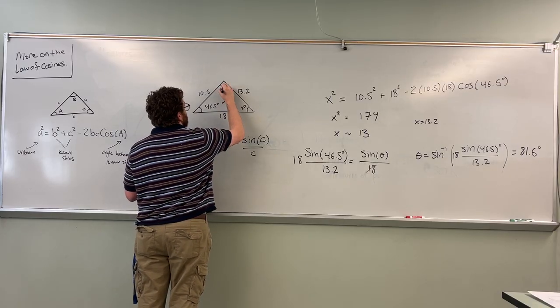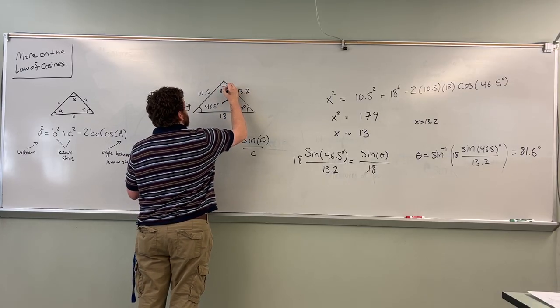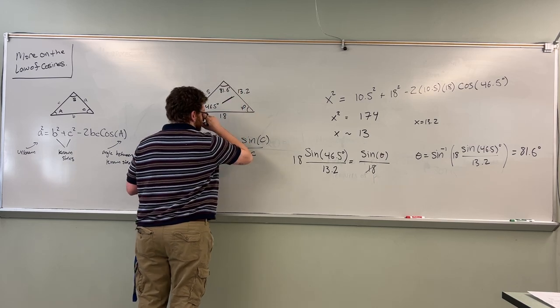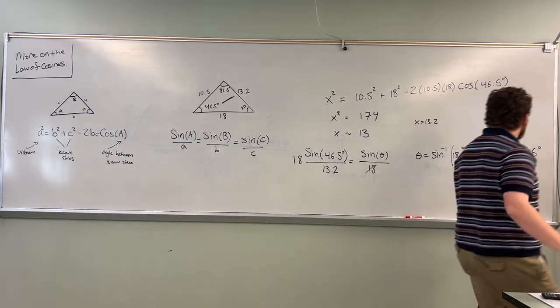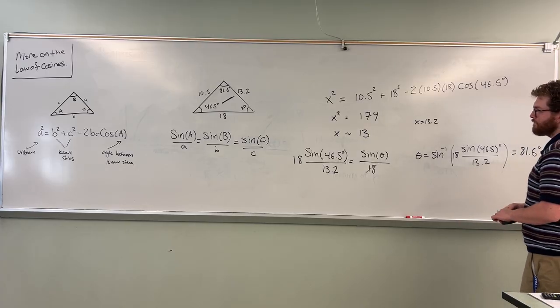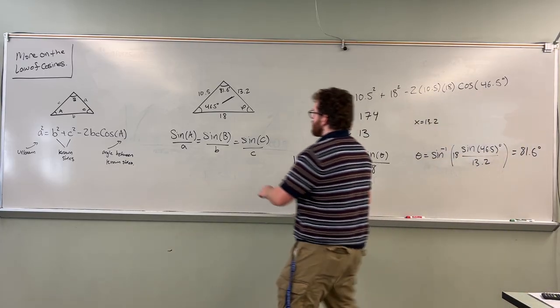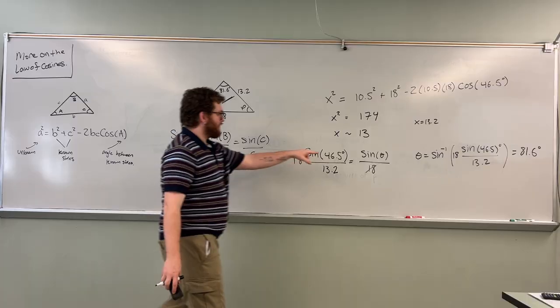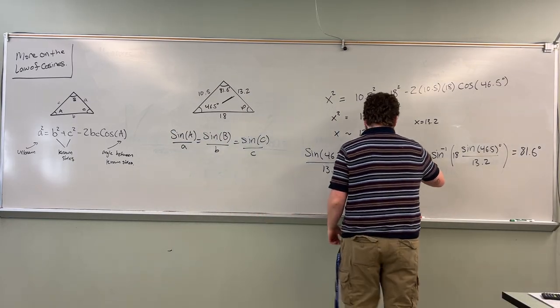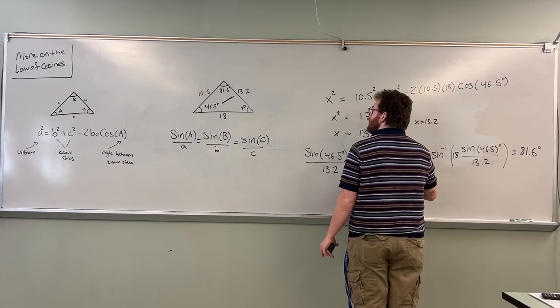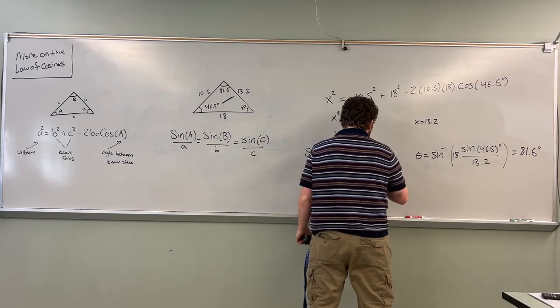So I've got 81.6 degrees here. And then I can solve again for my final missing angle. Pretty easy. Instead of having sine theta over 18, I'm doing sine phi over its opposite side of 10.5.